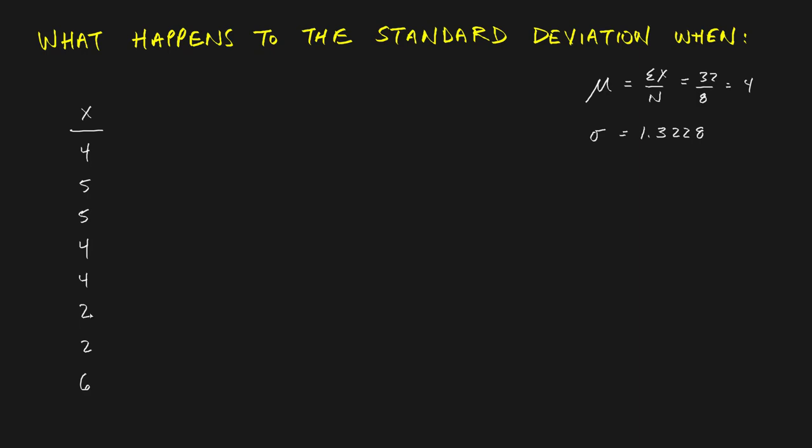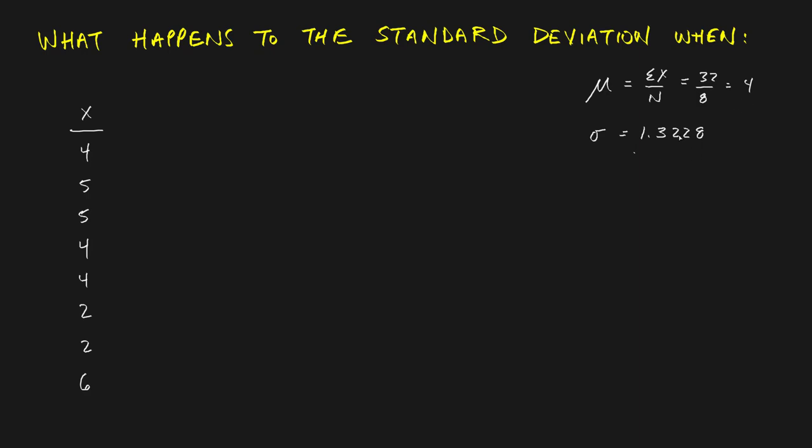Now, I could work out what the average employee's salary is. So 4,000 a month is the average. Some of them make less, 2,000, some of them make more, 6,000, and so on, but the average is 4,000. I could also work out how much variation there is. So most employees are within 1.3 thousand of the average.